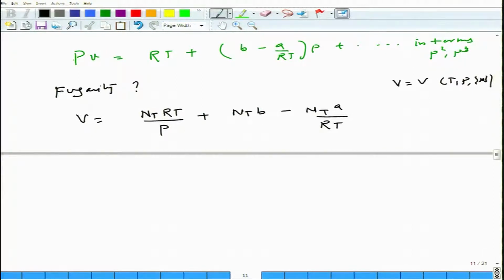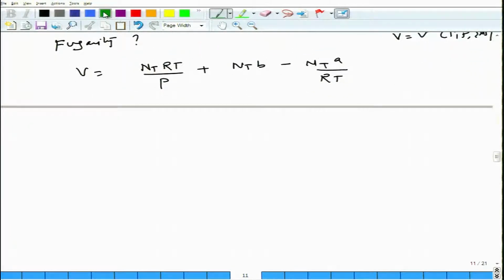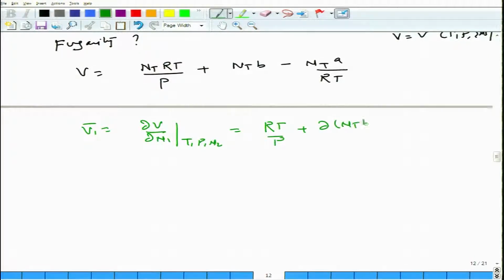Now, of course, you know how to calculate the partial molar property. If we talk about only, let us say, a binary mixture, then V1 bar is del V by del N1 at T, P, N2, and this will be RT by P plus del NTB by del N1 minus 1 by RT del NTA by del N1.